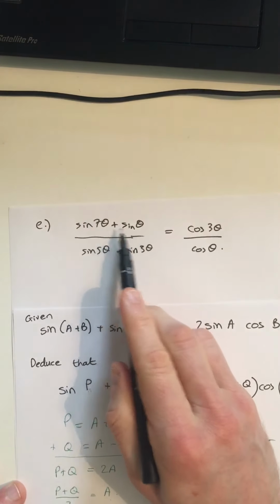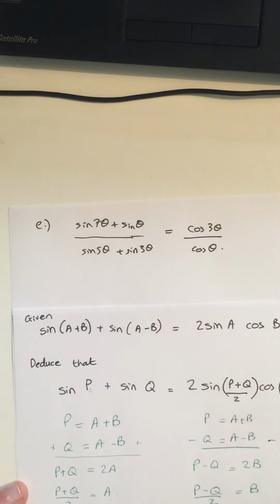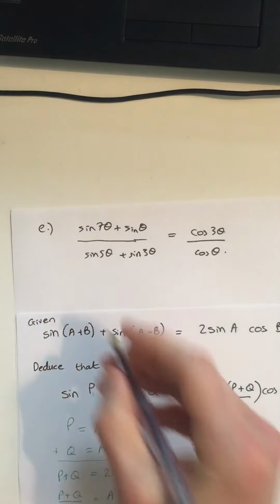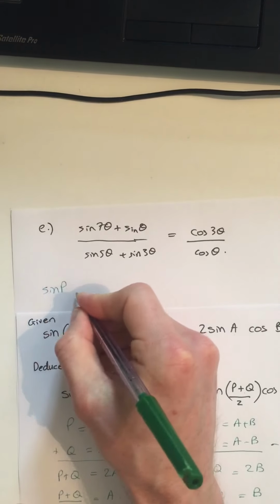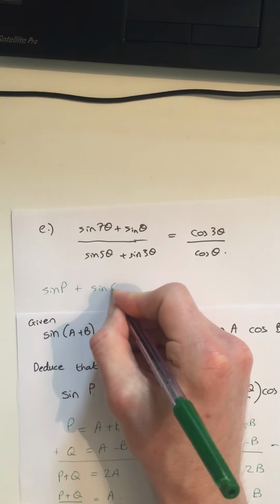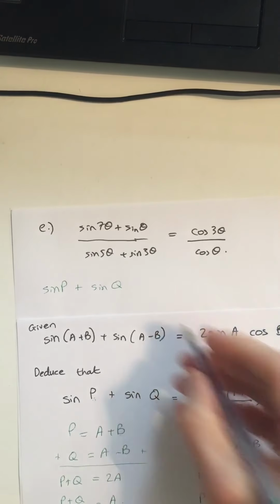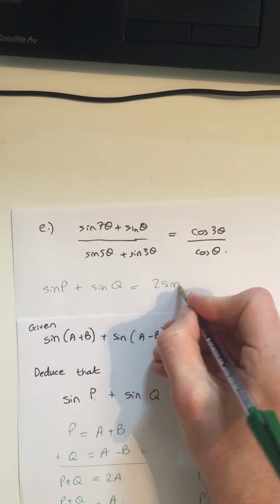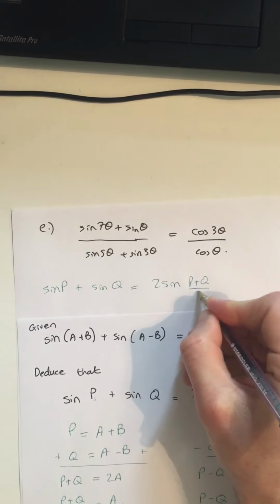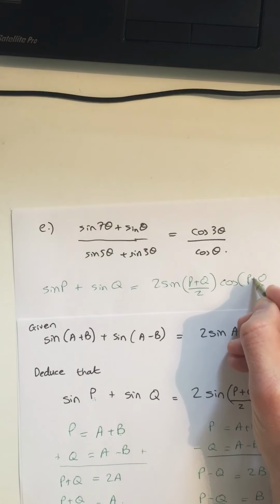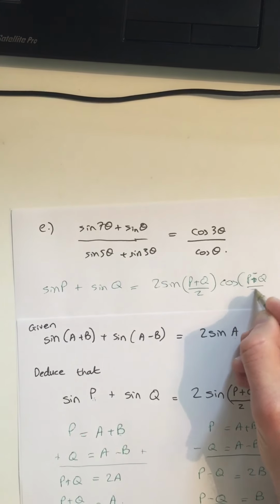Notice here we've got the sum of two sines, so I'm going to be using this result to help me. Let me write this out again. Sine P plus sine Q, the sum of two sines, is equal to 2 sine (P plus Q)/2 cos (P minus Q)/2.